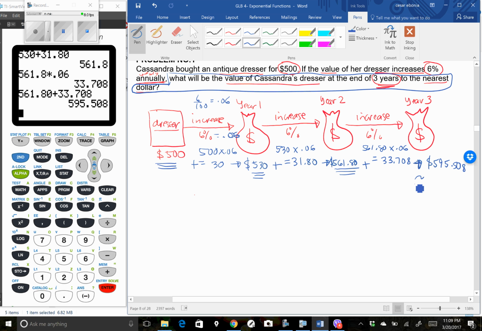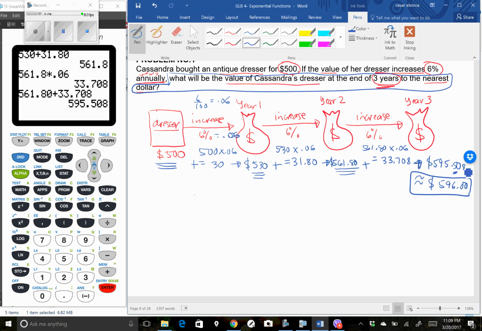Approximately, to the nearest dollar, this would be $596, because the digit is 5 or higher, so 595 becomes 596. So this is the number sense understanding.